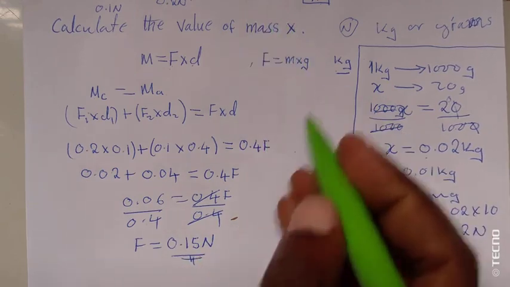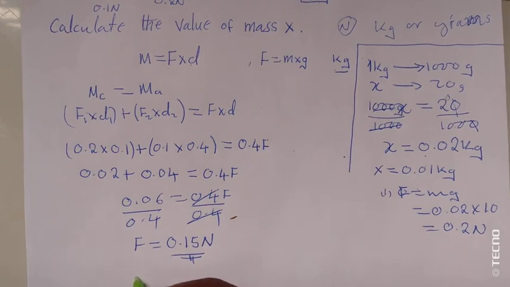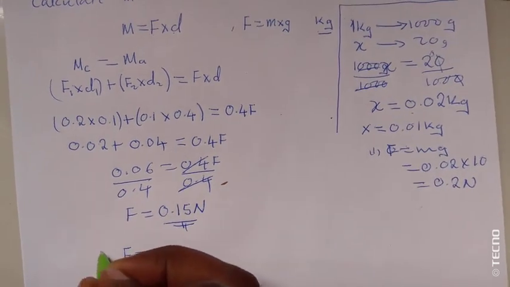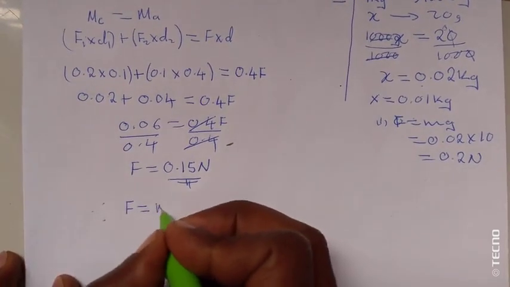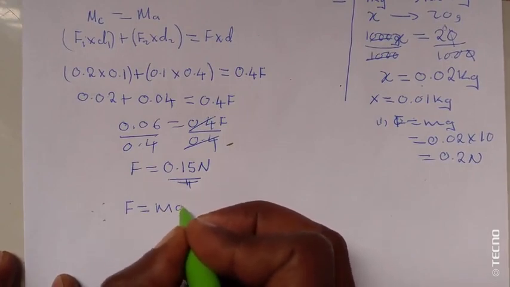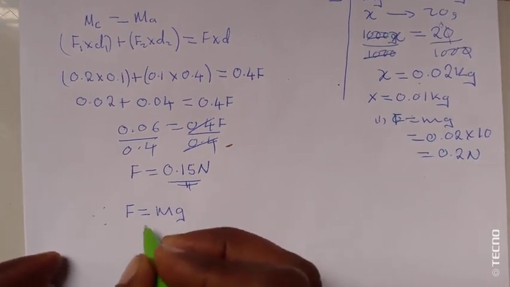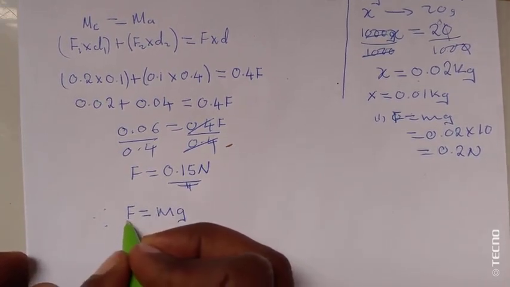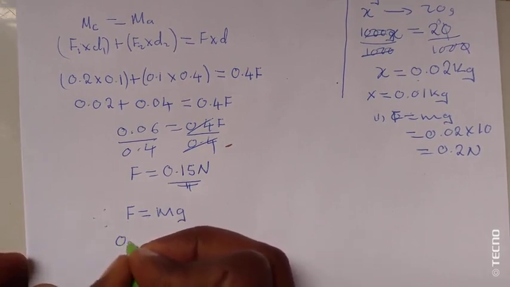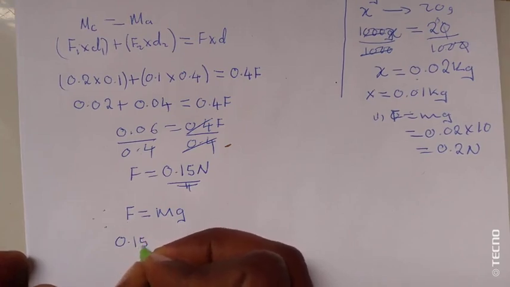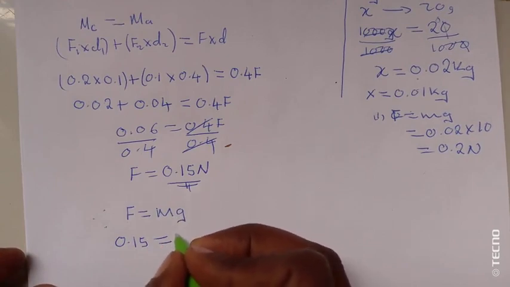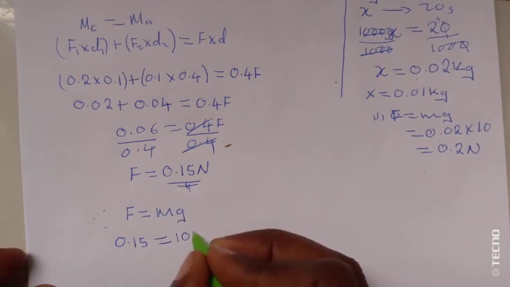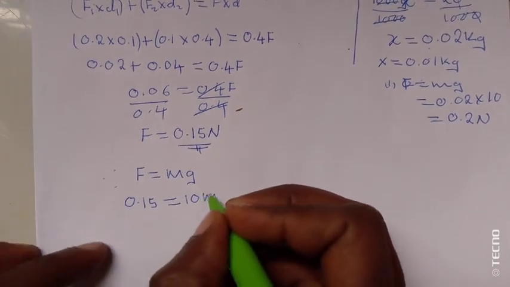Yes, so the formula that we wrote, force is equal to mass times gravitational acceleration. So here our force is 0.15, is equal to 10, which is gravitational acceleration, times m.